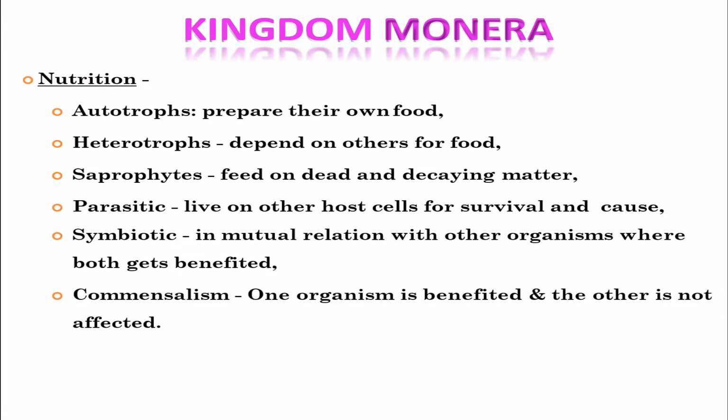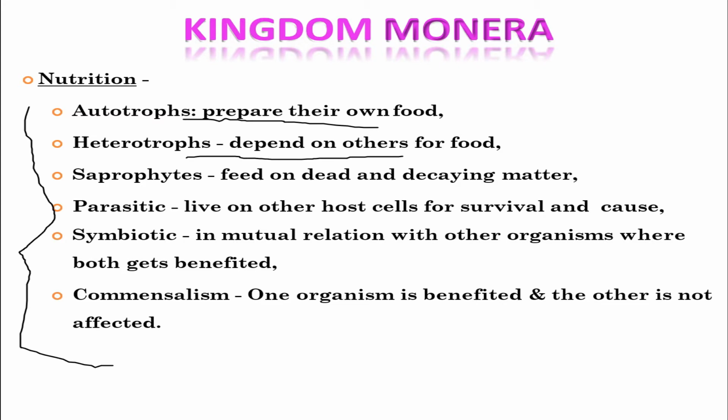So in Kingdom Monera, the nutrition can be of any sort: autotrophic, heterotrophic, saprophytes, parasites, symbiotic, or commensalism. Autotrophs can prepare their own food, while heterotrophs depend on others, basically on autotrophs, for food. Saprophytes feed on dead and decaying matter. Parasites live on host cells for survival.